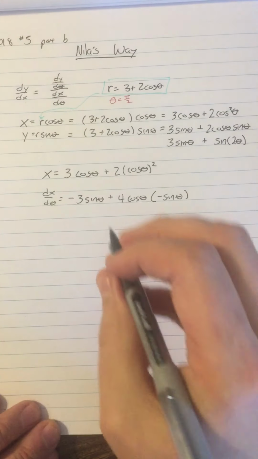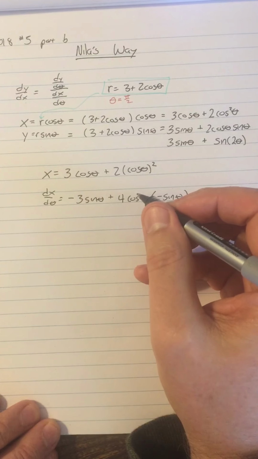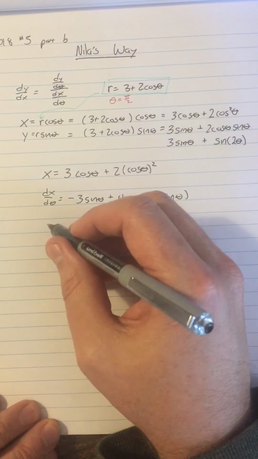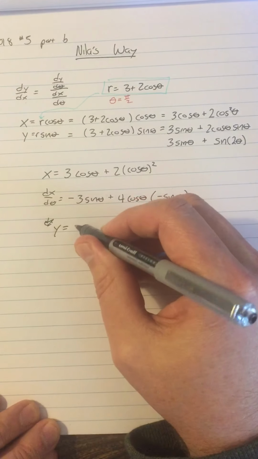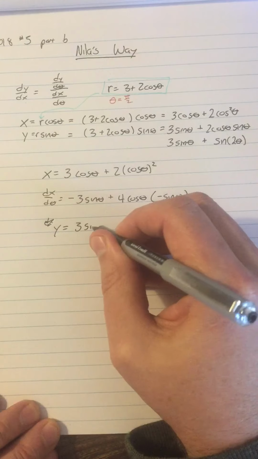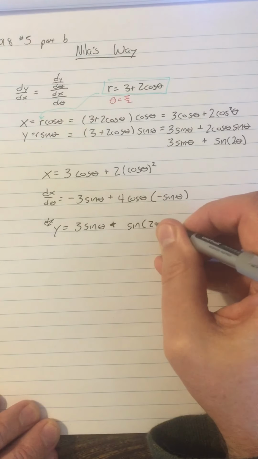And then for y, let's see, I guess I'll organize it this way. So for my y is equal to 3 sine of theta plus sine of 2 theta.